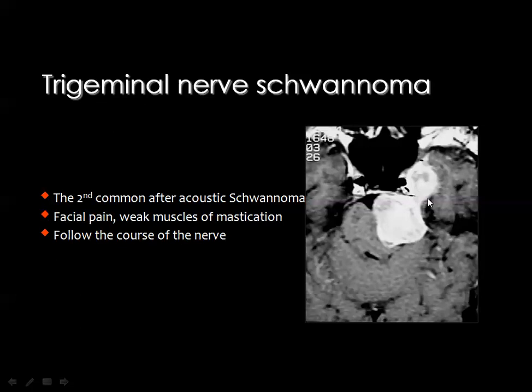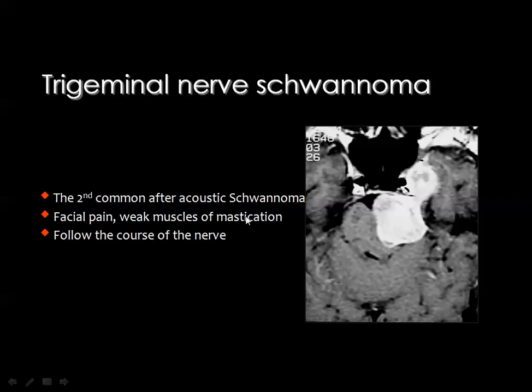And this is the second most common intracranial schwannoma after acoustic schwannoma, and it presents with facial pain, weakness of the muscles of mastication, and the tumor follows the course of the nerve, as I have mentioned.